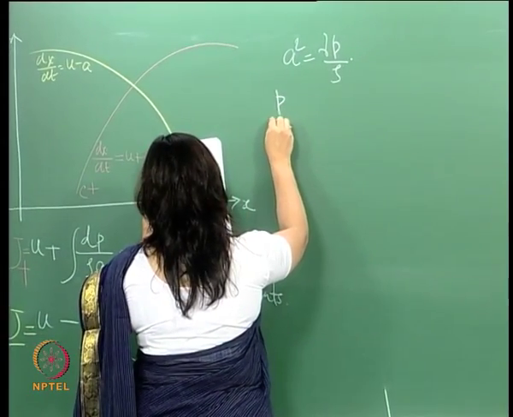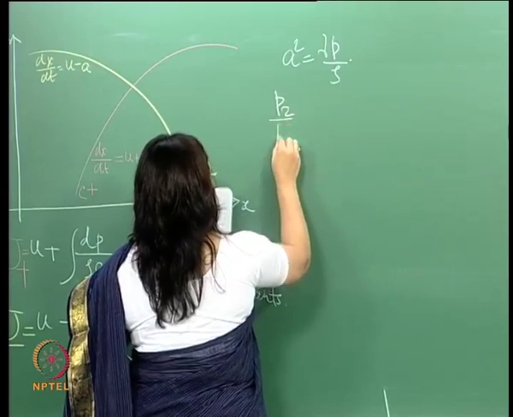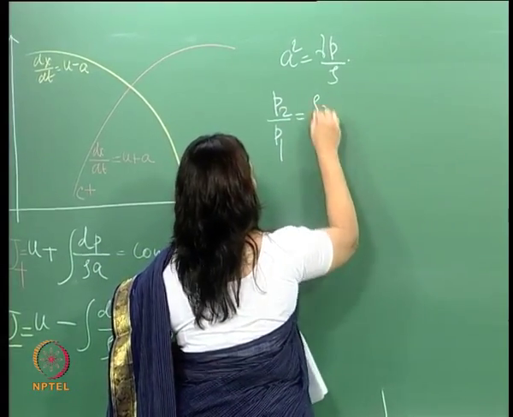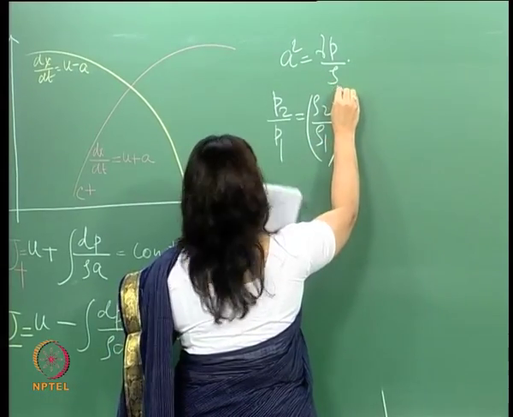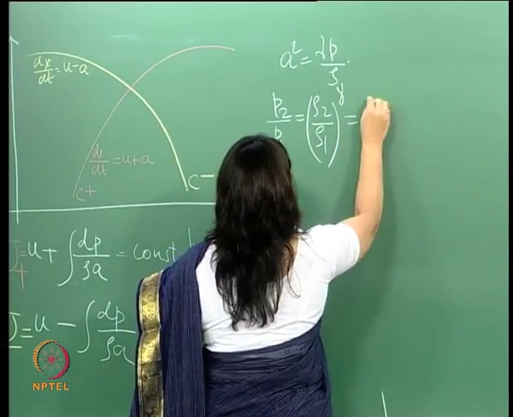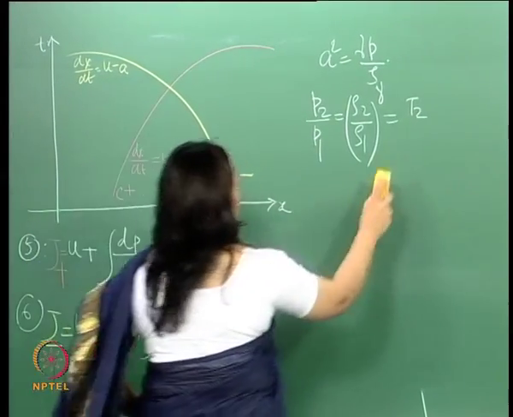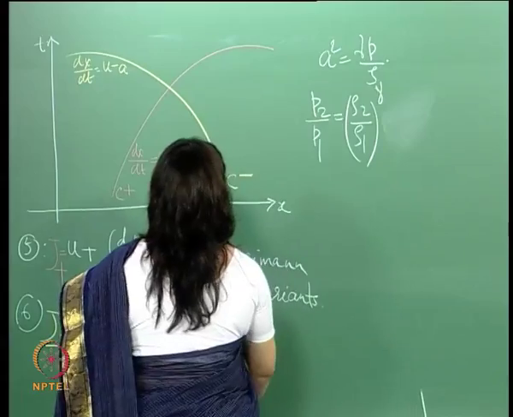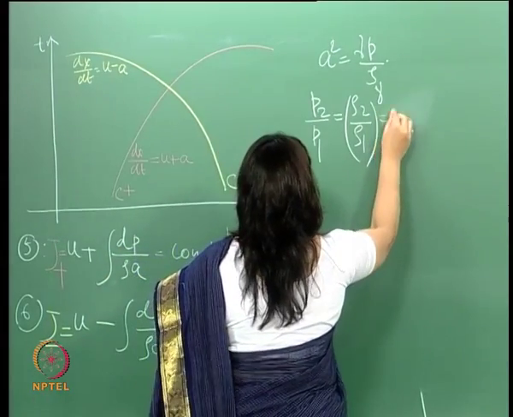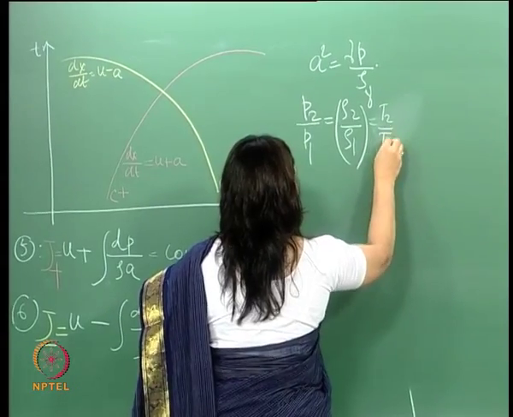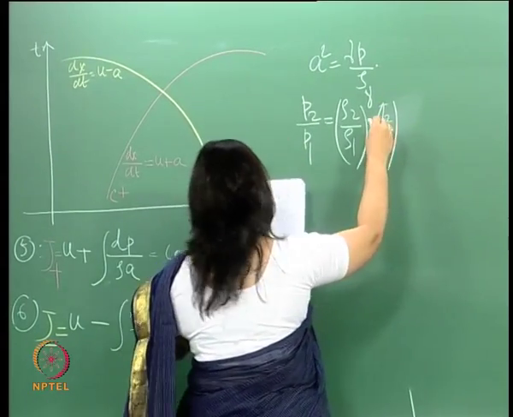Let me write this. P2 by P1 is (rho 2 by rho 1) to the gamma, which is equal to (T2 by T1) to the gamma by gamma minus 1.